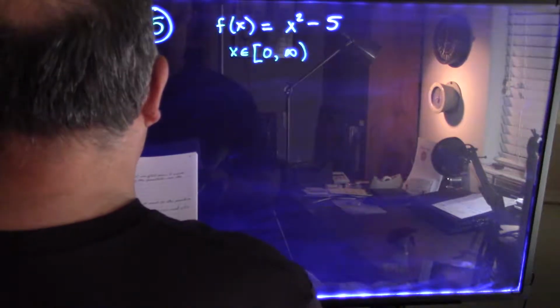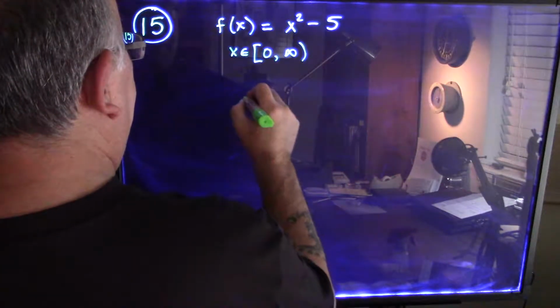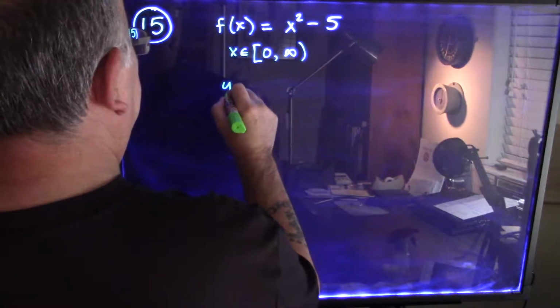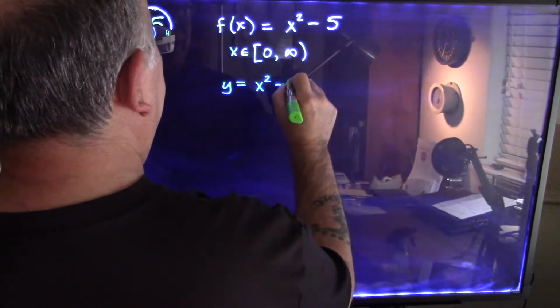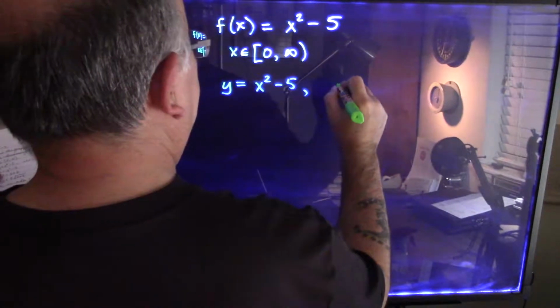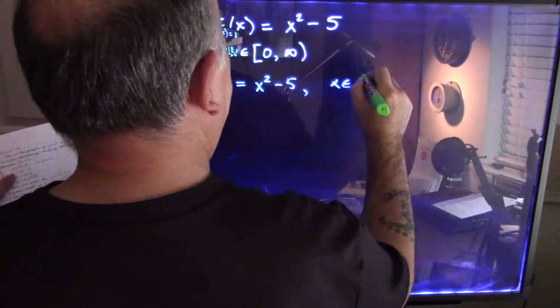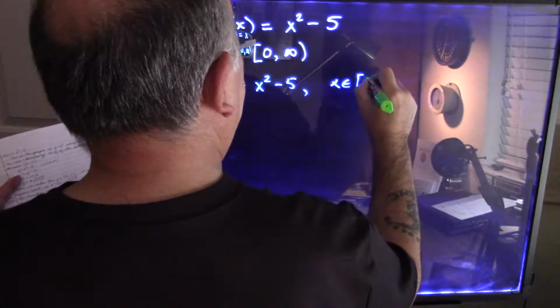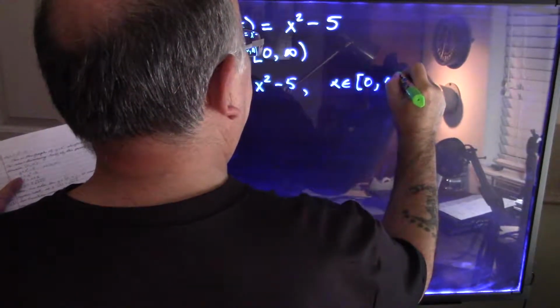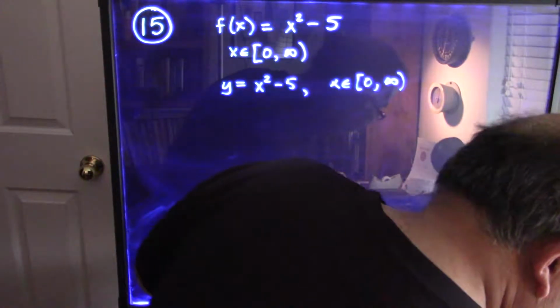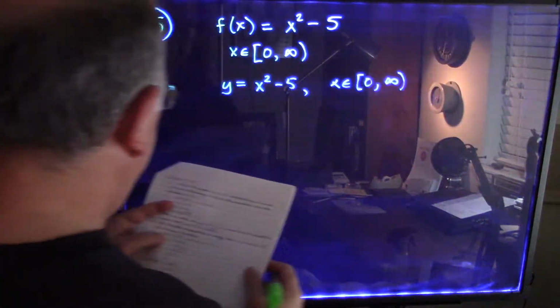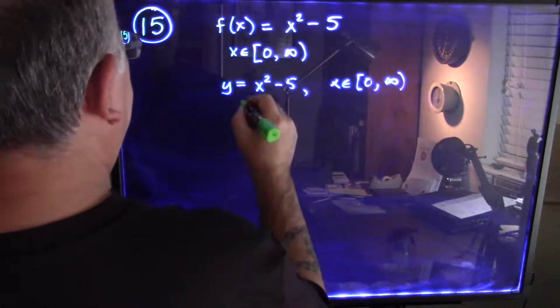Alright. So we've got, instead of f of x, you write y equals x squared minus 5. And you've got your domain x in the interval from 0 to infinity. Now you switch variables.